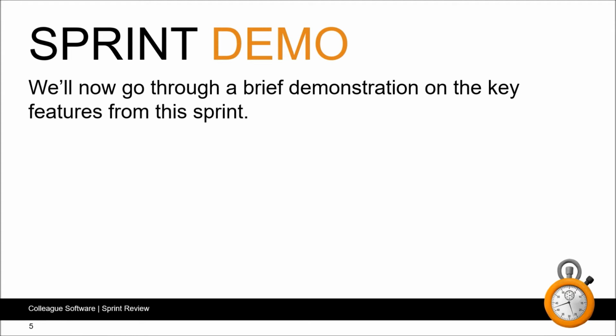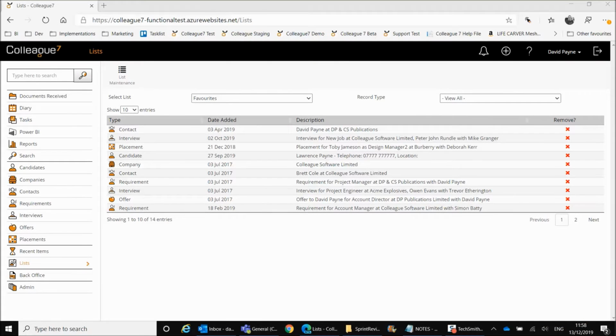We'll now go through a brief demonstration on the key features from this sprint. Okay, so the first point to go through, and it was the main objective of the sprint, is the update that's been made to lists, and that's the ability to now share a list with a fellow user or several users, several teams, basically how you see fit in terms of how you want to make a list available to other people.